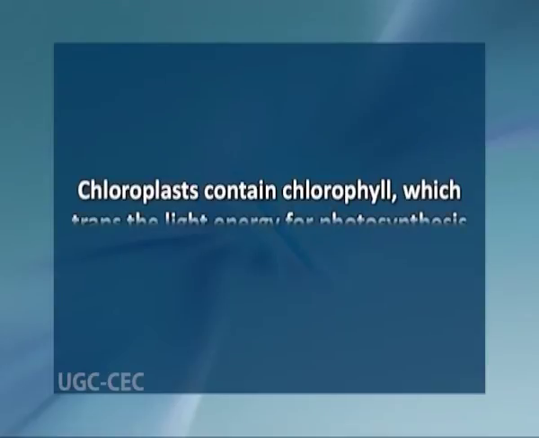These contain chlorophyll, which traps the light energy for photosynthesis. Chloroplasts are also partly genetically independent of the nucleus. Both mitochondria and chloroplasts are believed to have evolved from prokaryotes, which had formed a symbiotic relationship with a primitive nucleated eukaryote.